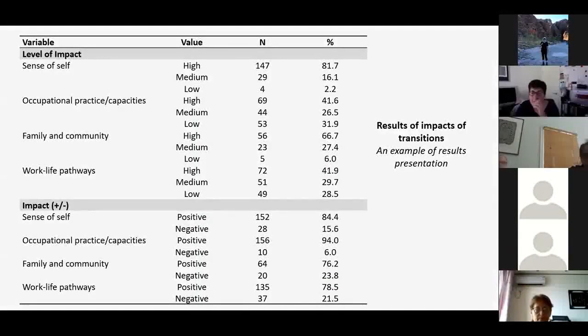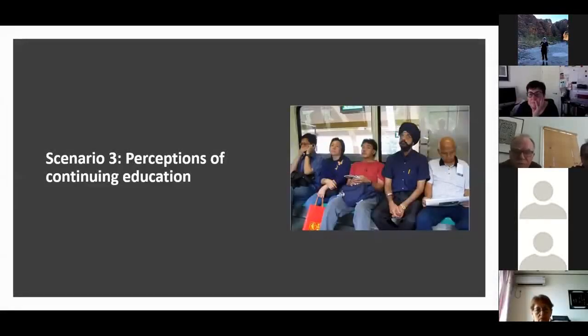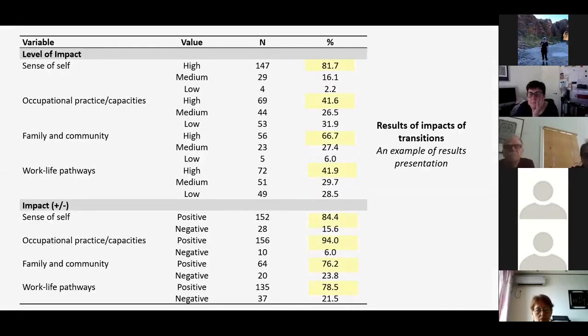So this is an example of the result of impact transition. In addition to the level of impact, we also consider ways that the impact is positive and negative. And you can see that there's variation there. The majority is high impact on the sense of self, where there's less variation for the occupational practice, family and community, and work-life pathway.